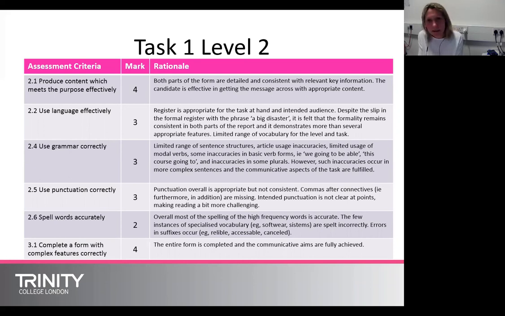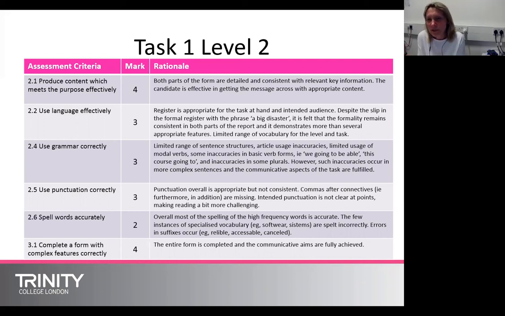The register in this case, the candidate gets 3 marks here. The register is appropriate, despite there is a slip at times, so it is mostly maintained. So it's fairly consistent.